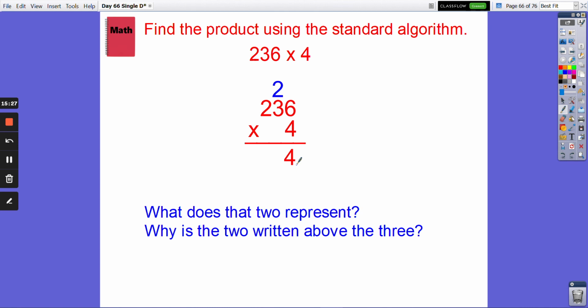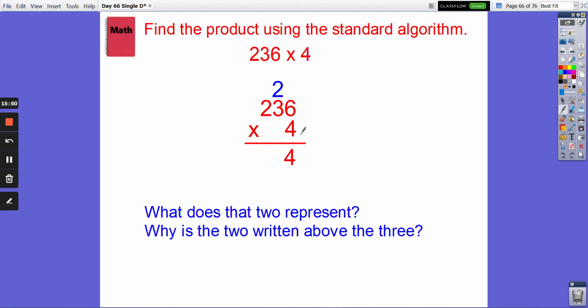Again, the 4 is the last digit. The 2 we had to regroup. What does that 2 represent? That 2 represents 2 tens. Why is it written above the 3? Because the 3 is in the tens place also. So I'm going to make sure that I add the same units together after the multiplication is done. I add ones to ones, tens to tens, hundreds to hundreds.